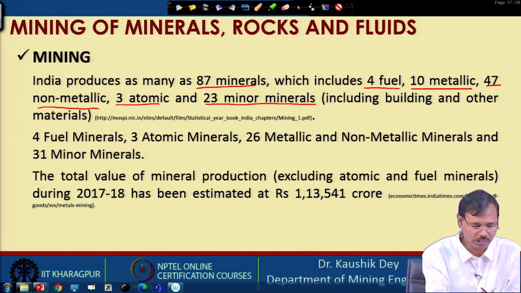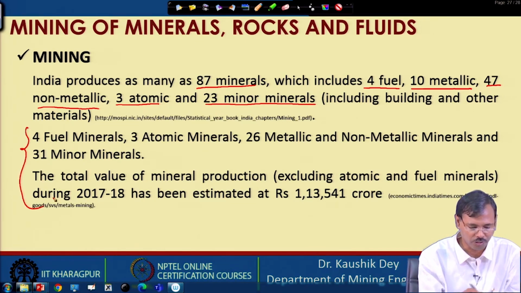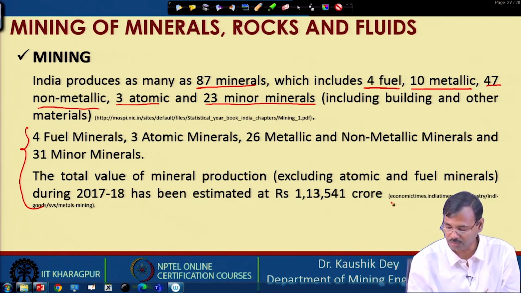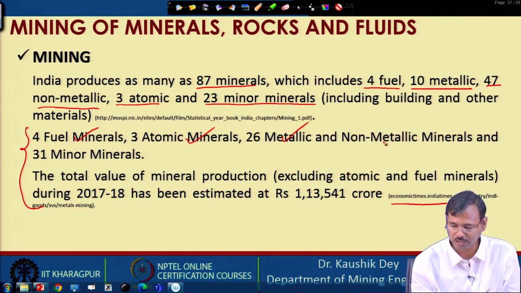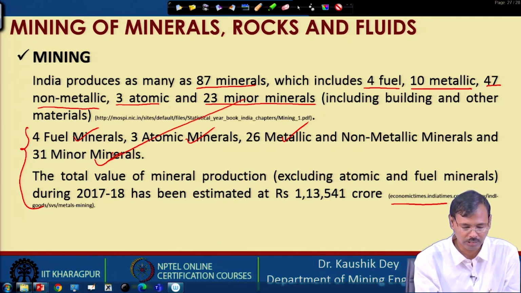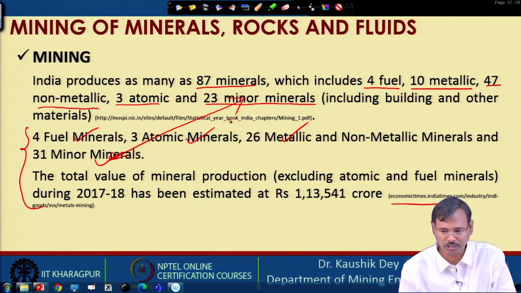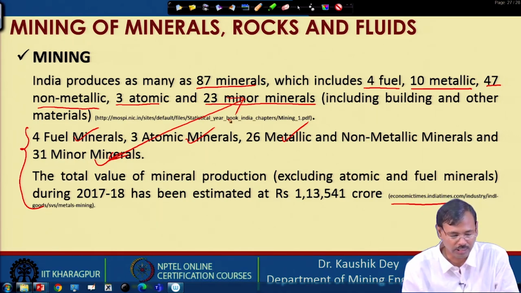These values are altered in some other sources. I have found that this source, the Economic Times, is telling 4 fuel minerals, 3 atomic minerals, 26 metallic, non-metallic minerals and 31 minor minerals. So, there is a change in this minor minerals part, significantly.